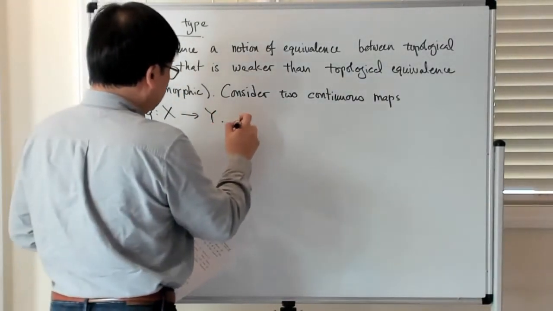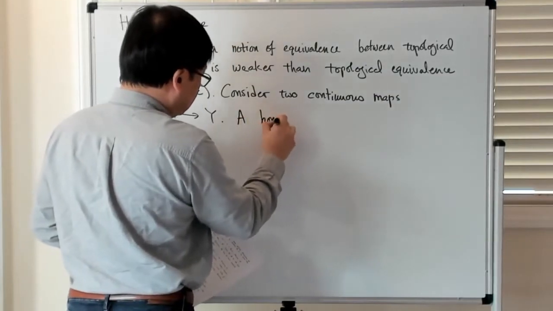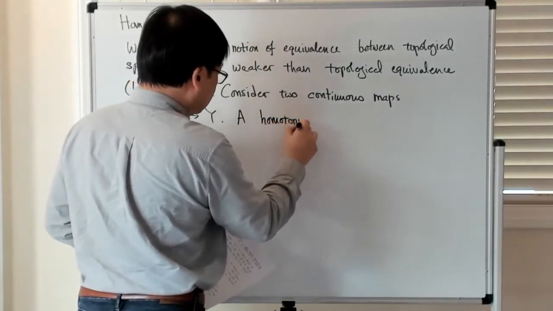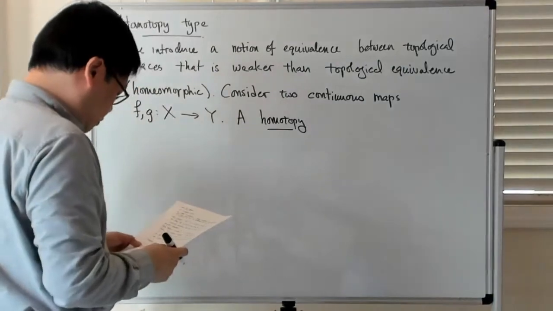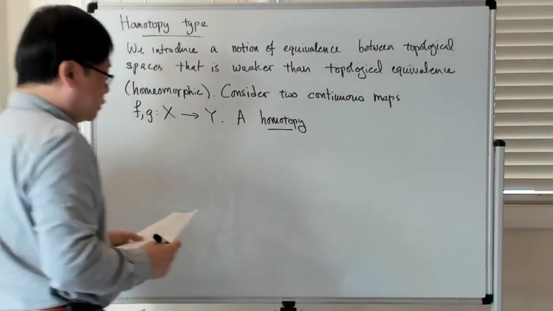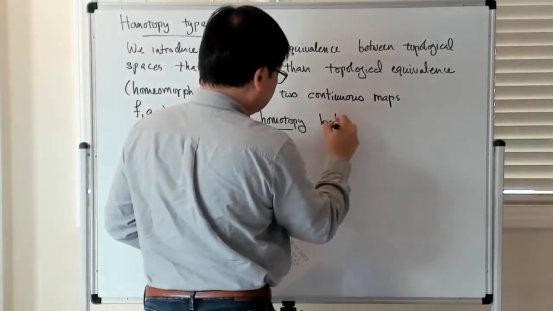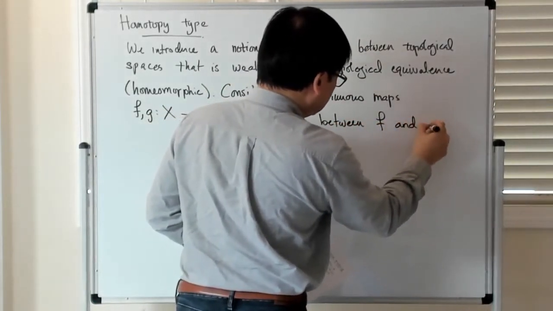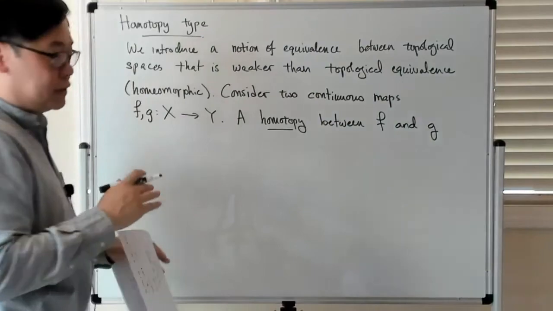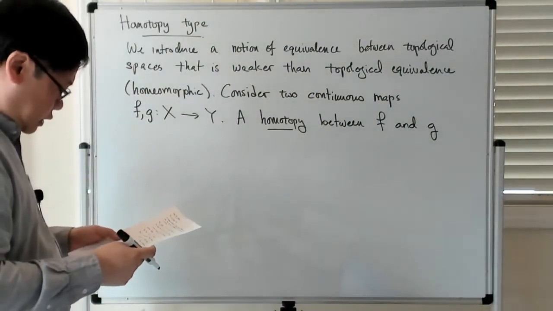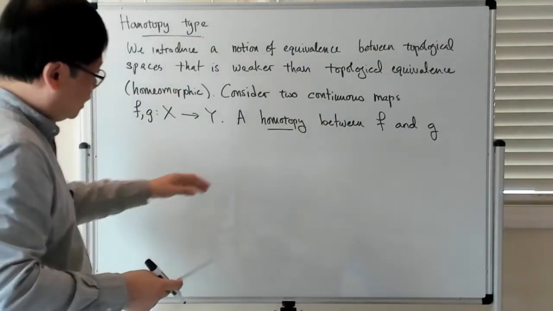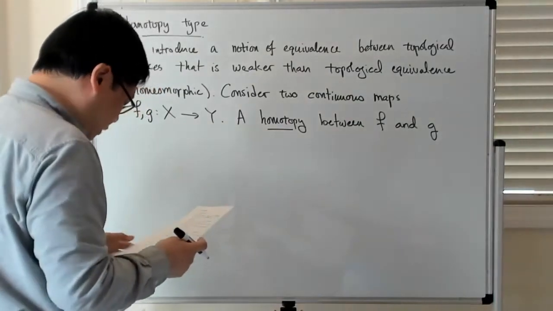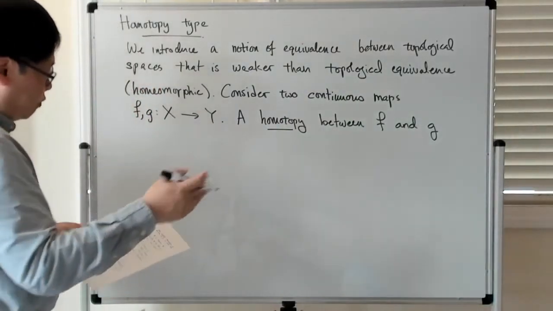So a homotopy between these two maps you should think of as a way to interpolate. Well, not quite interpolate, it's a way to sort of get from one to the other.